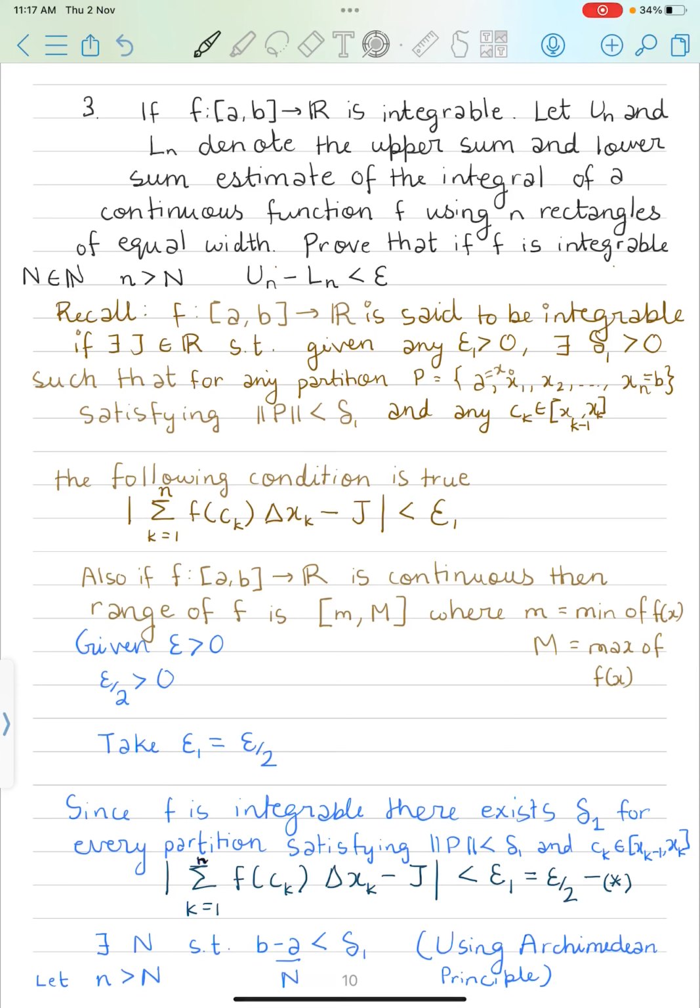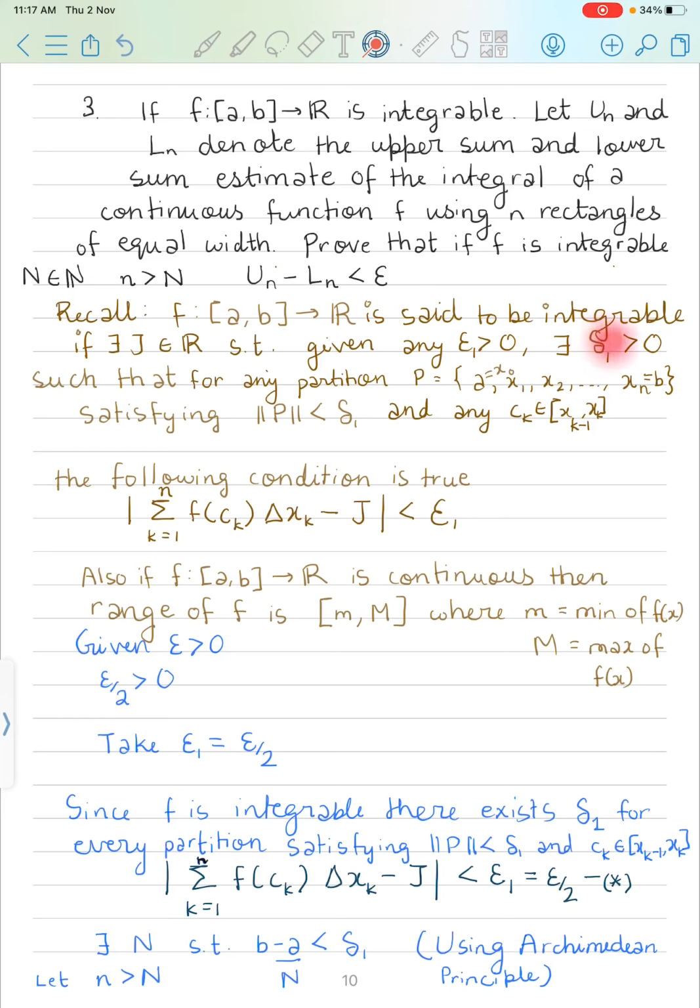First we recall the definition of an integrable function. f from [a, b] to R is said to be integrable if there exists J belonging to R such that given any epsilon 1 greater than 0. I intentionally wrote epsilon 1 here because you might get confused between this epsilon and that epsilon.